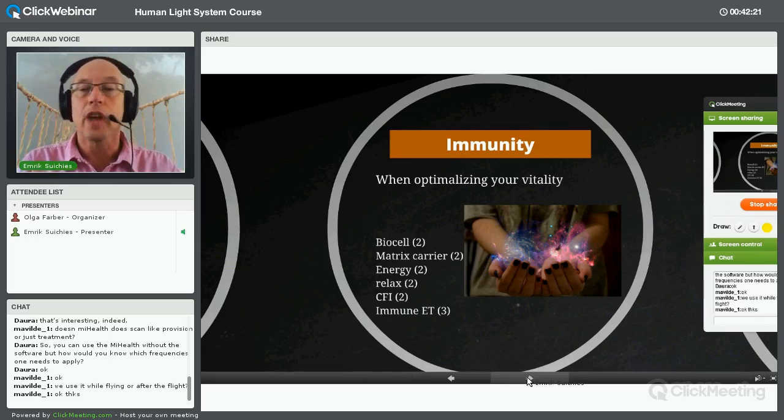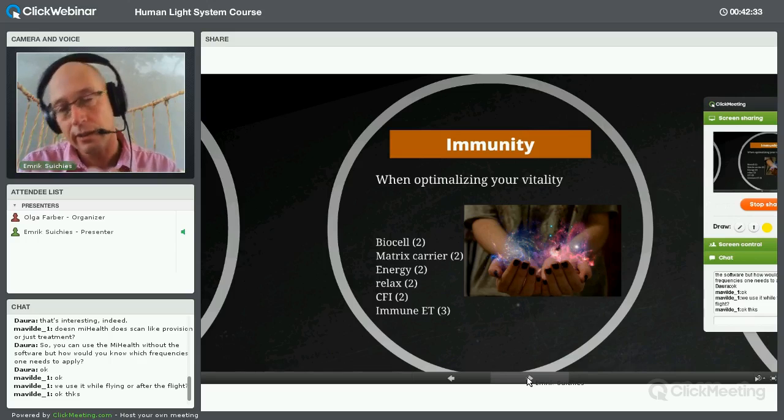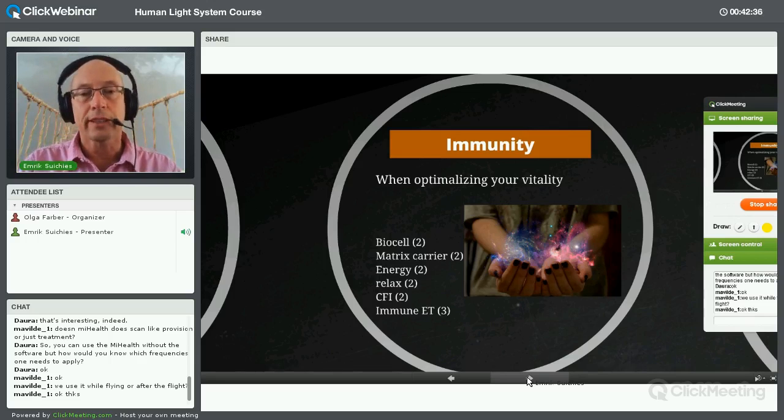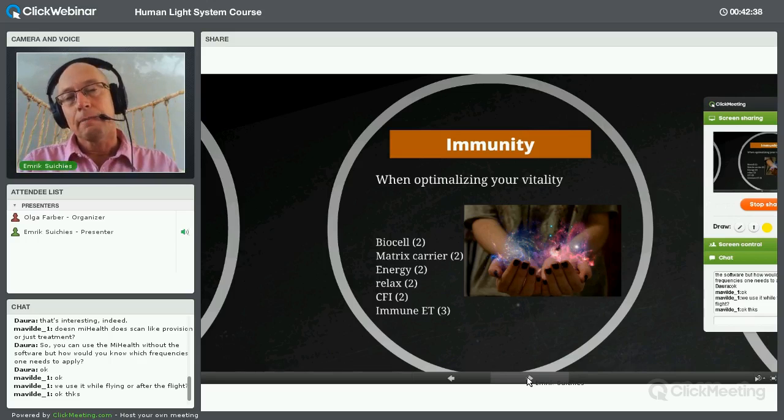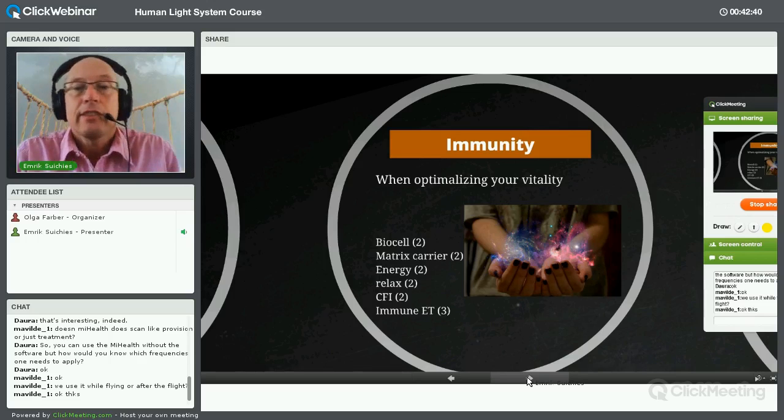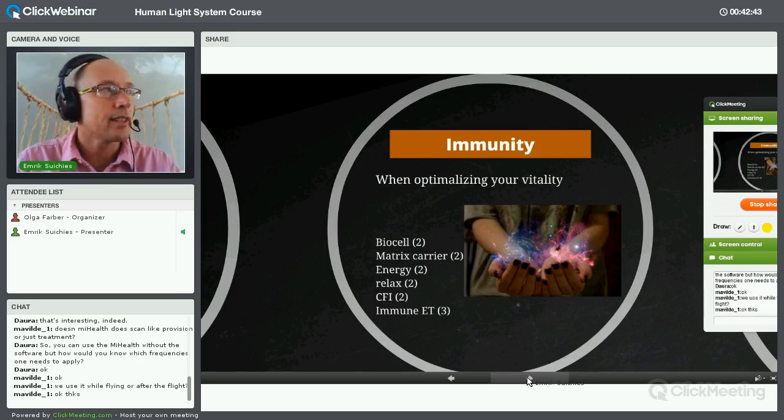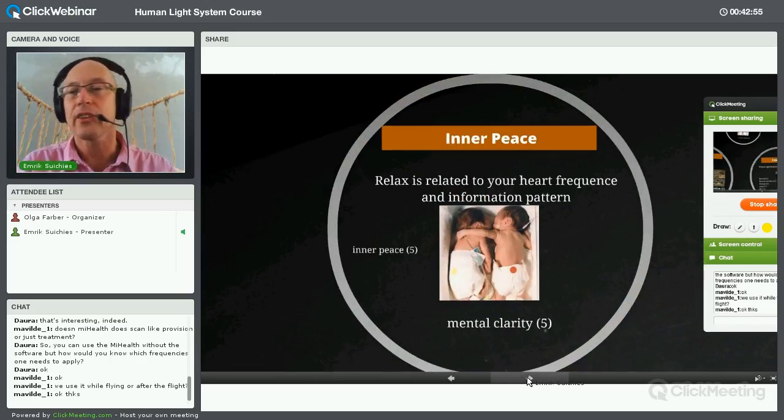Relax is the frequency of the heart. 2 minutes of CFI, cold, flu, and influenza, and 3 minutes of immunities. And immunities are frequencies which are related to different sorts of parasites, different sorts of bacteria. And I'm still not having the flu. Everyone around us is having the flu, but over here, in our family, we're still healthy. So you can use it in restoring your body, but also preventing things to come.